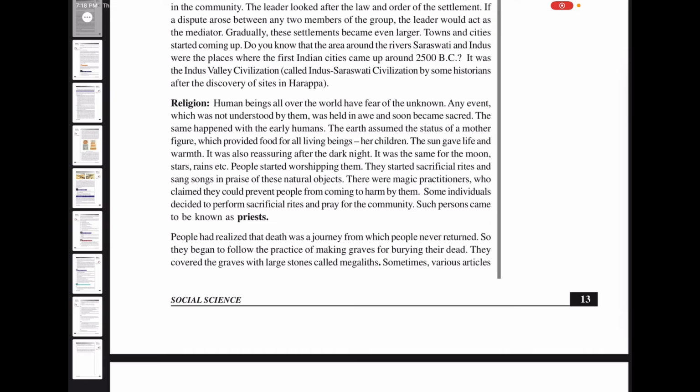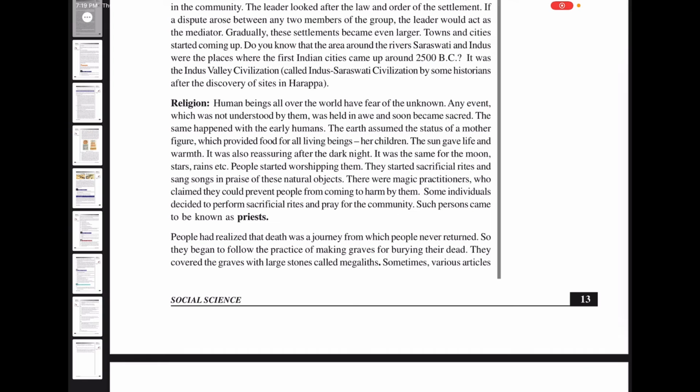It was also reassuring after the dark night. It was the same for the moon, stars, rain, etc. People started worshipping them. They started sacrificial rites and sang songs in praise of these natural objects. There were magic practitioners who claimed they could prevent people from coming to harm by them.